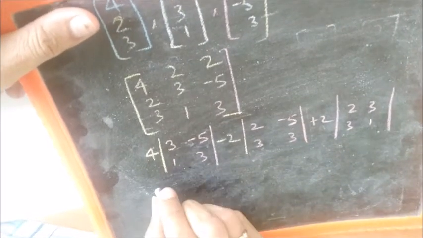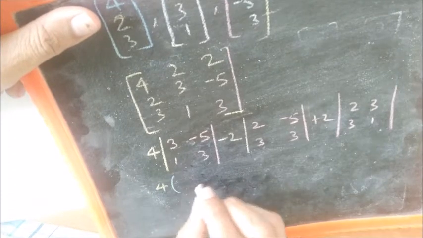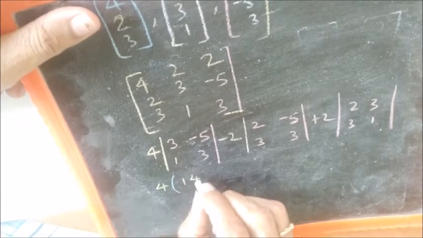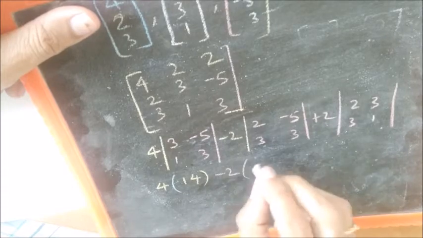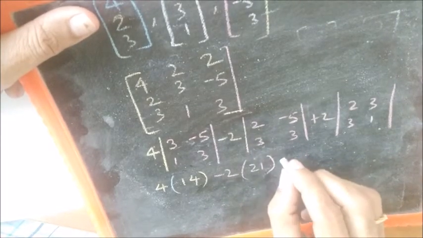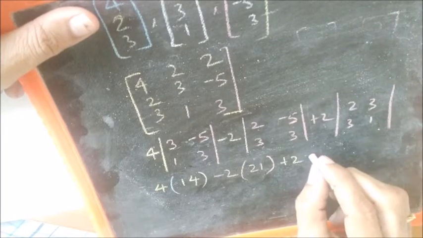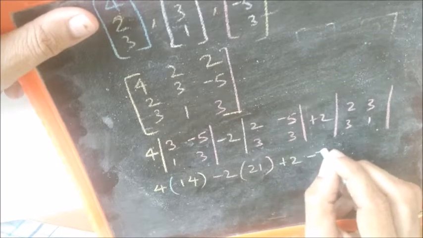And that becomes 9 plus 5, 14, minus 2, 6 plus 15, 21, plus 2, 2 minus 9, minus 7.